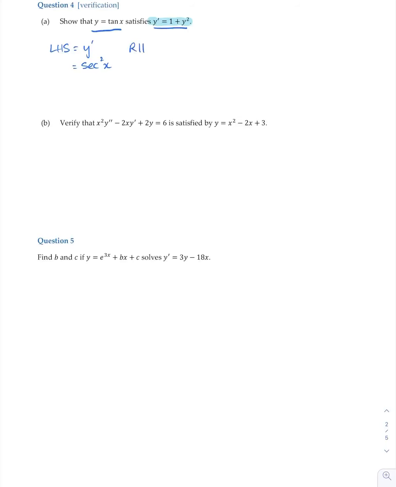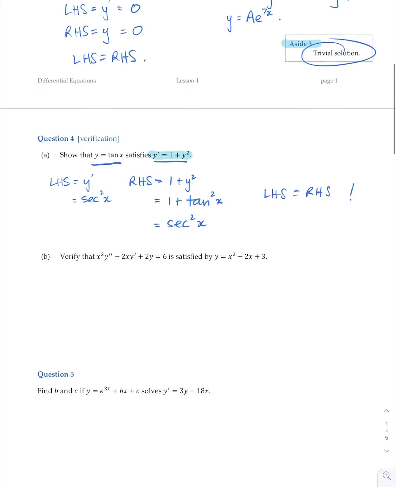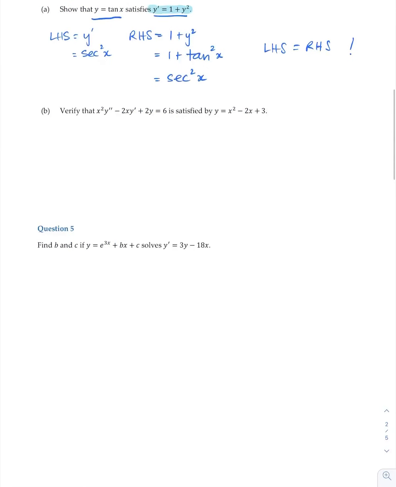The right-hand side is 1 plus y squared, and that's 1 plus tan squared x, and we know that that is sec squared x. So the left-hand side equals the right-hand side. All right, so y equals tan x satisfies this differential equation. Excellent.